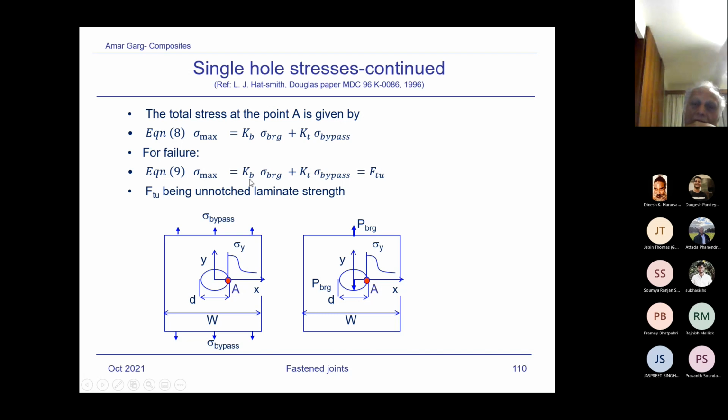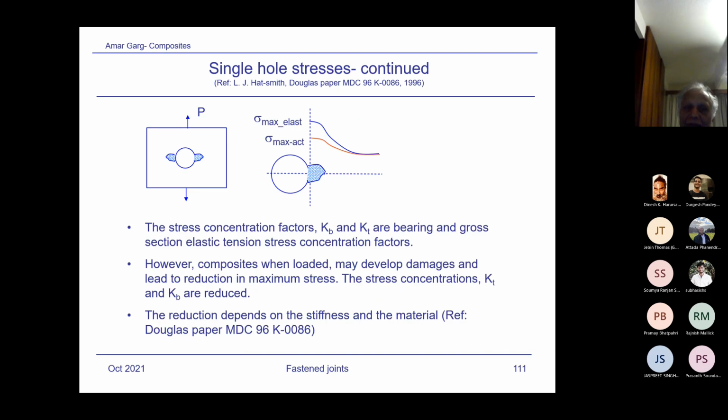So failure would occur when the total stress, sigma max at A, due to bearing and bypass together approaches FTU, which is the allowable strength. FTU being the notched laminate strength, the failure would occur. So this is our equilibrium equation for the failure.